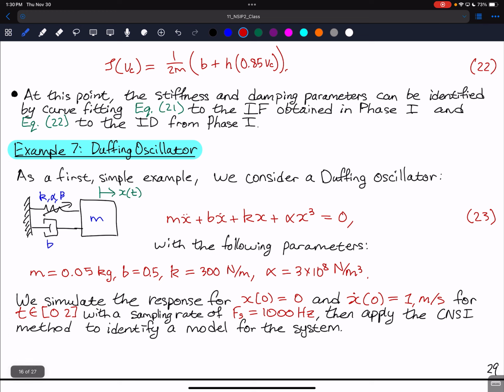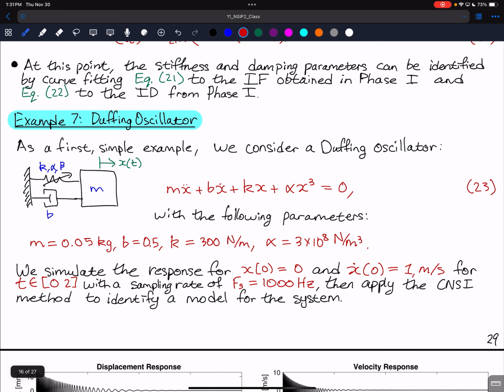In this case, we're just going to use a cubic stiffness nonlinearity and a linear damping. Parameters are shown there. For a Duffing oscillator, the mass doesn't matter because it's only 1 degree of freedom. I simulated the response, and the initial condition should actually be 10 meters per second.